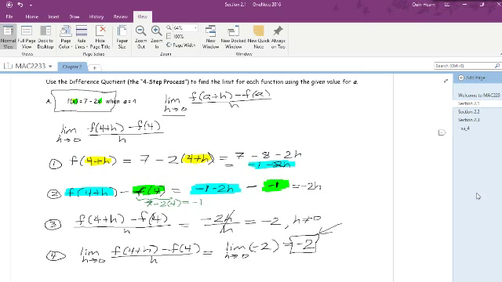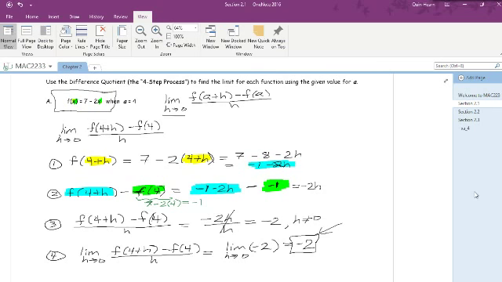I see a question from Taylor. Will the questions on the homework tell us when we need to use the difference quotient? Yes, in the first homework, you only have to do it if it specifies to use it to evaluate the difference quotient.